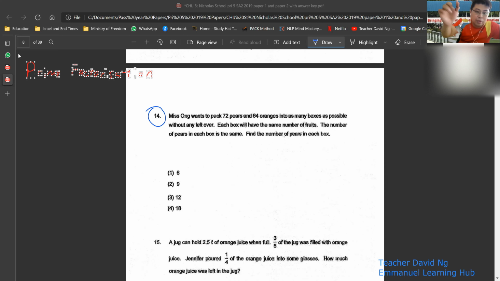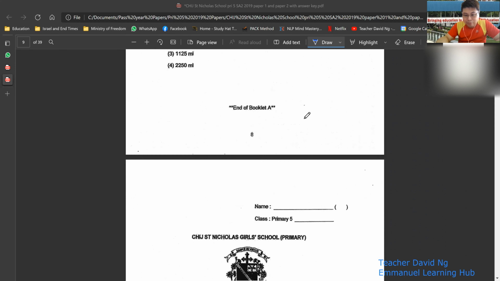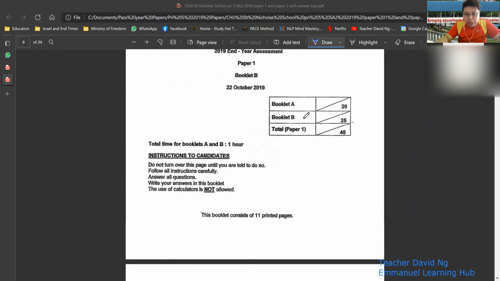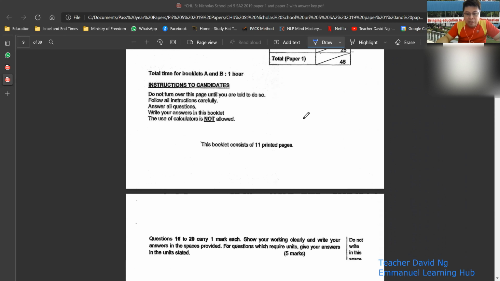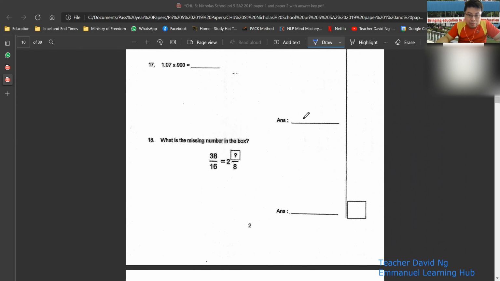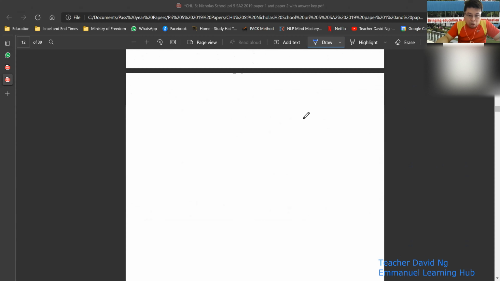Because it is something new to you, I will expect you to have questions. I believe your school never taught you prime factorization. Imagine you take PSLE, you know prime factorization, that will save you a lot of time.